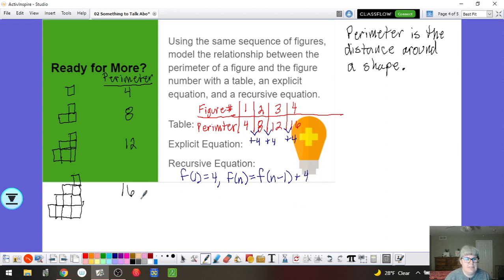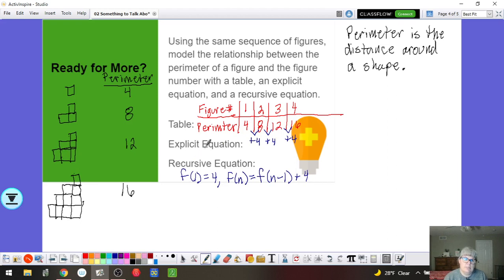The explicit equation, if we look at these numbers as well, the relationship between 1 and 4 is 1 times 4 is 4. With 2 and 8, 2 times 4 is 8. 3 times 4 is 12. 4 times 4 is 16.